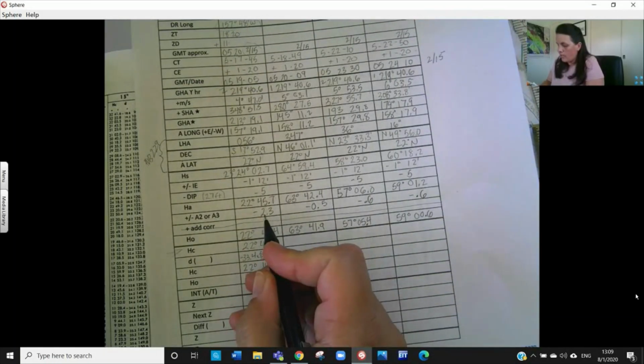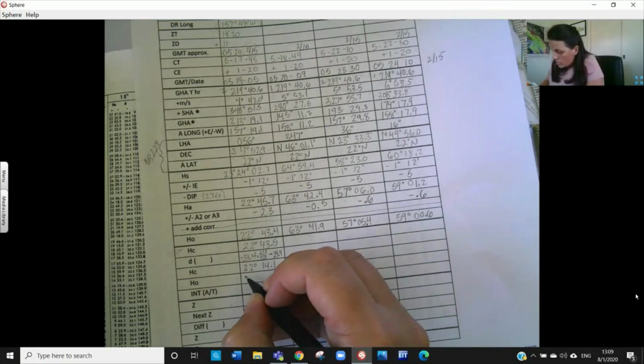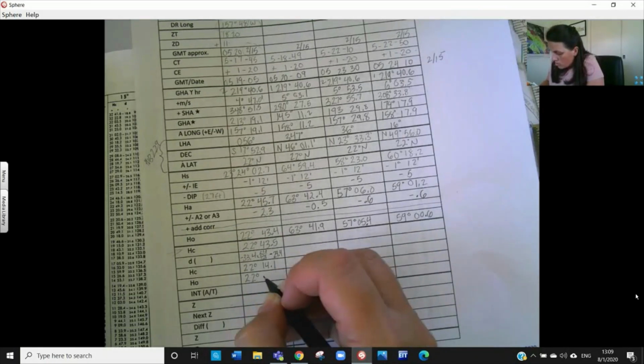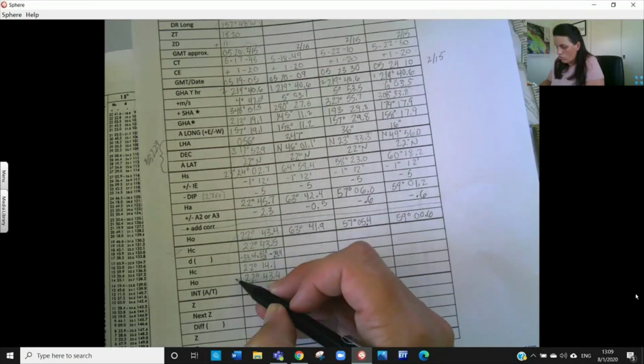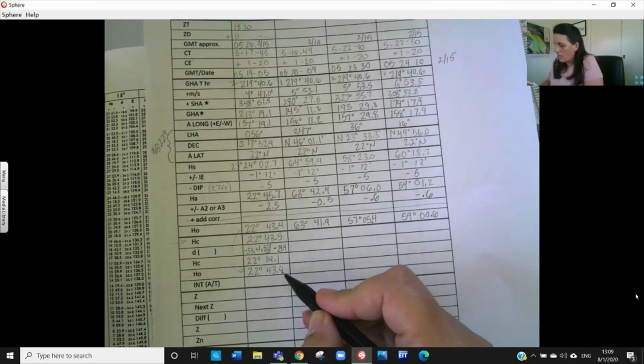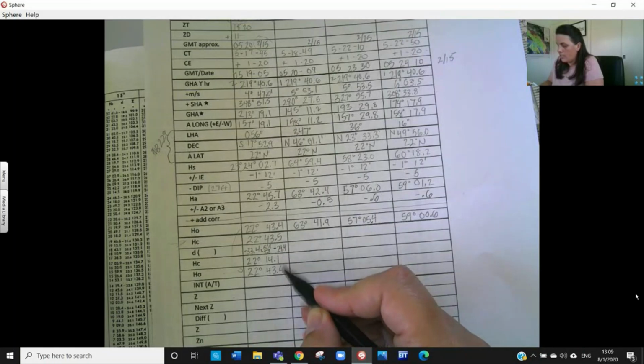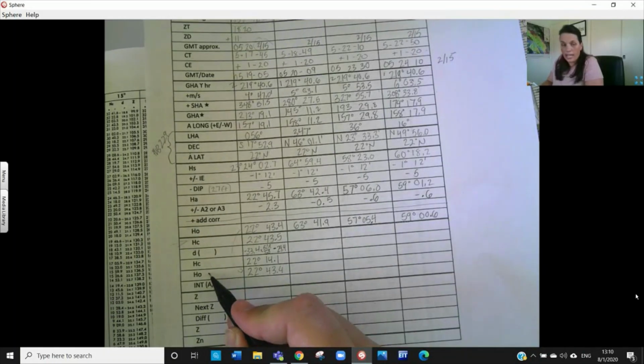I could bring in my HO. I'm just going to move it down so they're right next to each other. So this was my HO. I just moved it right down there. Now I have the difference between my HC and my HO.